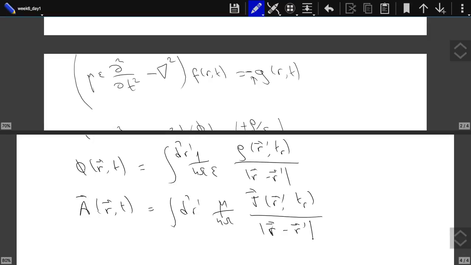Well, the nice thing about this Lorentz gauge that we are using is, in fact, if you just remember our discussions in electrostatics and magnetostatics, these are identically the same expressions that we wrote for the scalar potential and the vector potential in the case of electrostatics and magnetostatics. They have exactly the same form. The only difference is that here, since we are looking at the time-dependent case in electrodynamics now, the time is the retarded time. That is the only difference between our expressions in electrostatics and magnetostatics.